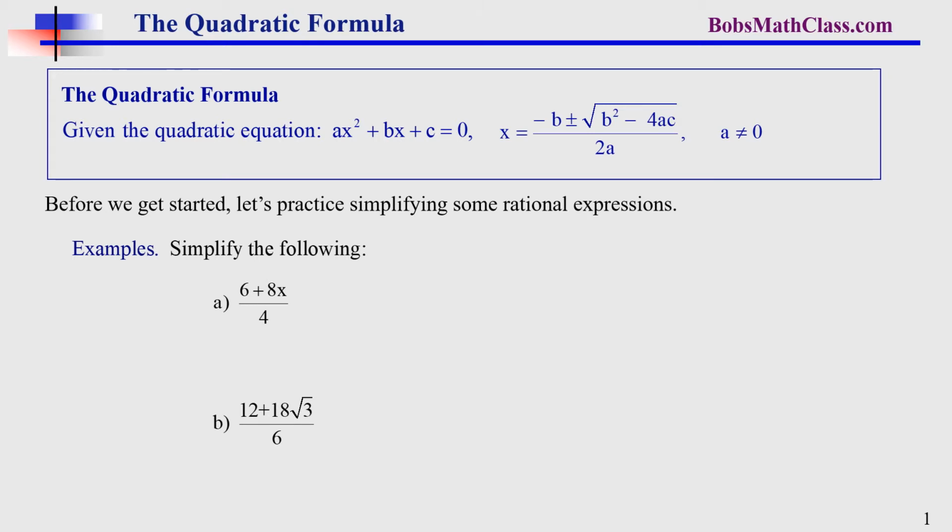6 plus 8x over 4. What we want to do is find a number that goes into all three numbers that we have there, 6, 8, and 4. What number goes into 6, 8, and 4? That would be 2. So we're going to divide all the terms by 2.